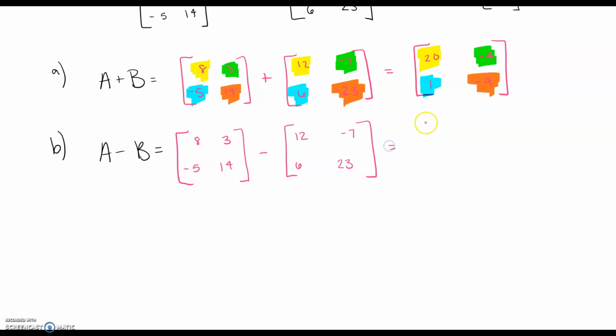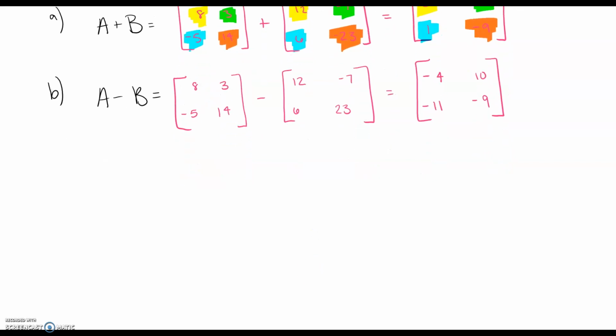And now we're going to just subtract. First, 8 minus 12, which is negative 4. 3 minus negative 7, so it's 3 plus 7, sorry, brain fart, which is 10. Negative 5 minus 6 is going to be negative 11. And 14 minus 23, negative 9.